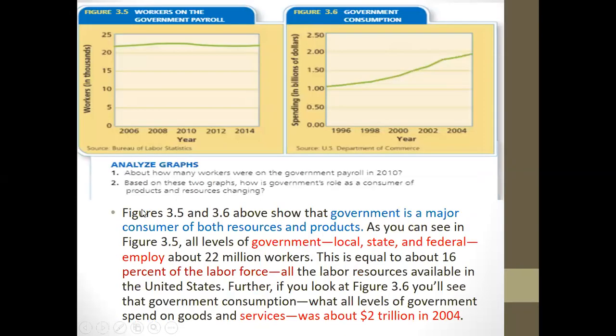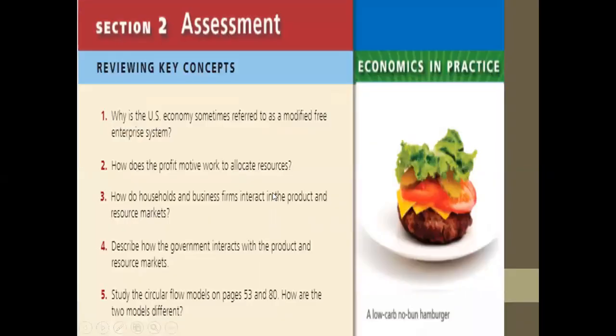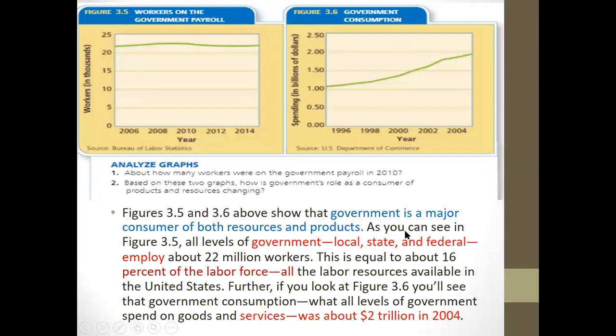Now let's move on and let's go to this one last chart. Now on these charts, it says chart 3.5, this one and this one above shows the government is a major consumer of both resources and products. As you can see over here in the figure 3.5, all levels of government, local, state and federal employ about 22 million workers en ese año.